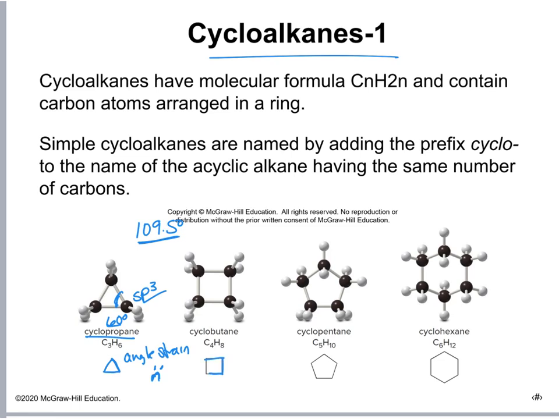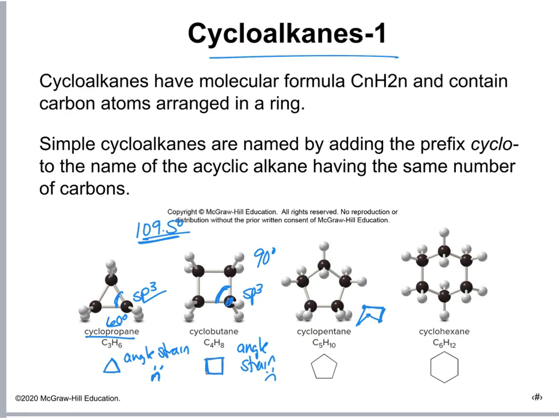Cyclobutane, 4 carbons. This also has angle strain. And we're going to learn different conformations to relieve angle strain. And once again, this is an sp3 carbon. So that's 109.5. But this is 90 degrees. 90 degrees is less than 109.5. Cyclopentane. Now you're getting, this is called an envelope.